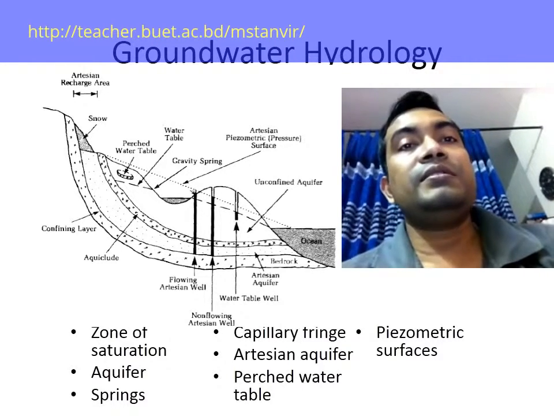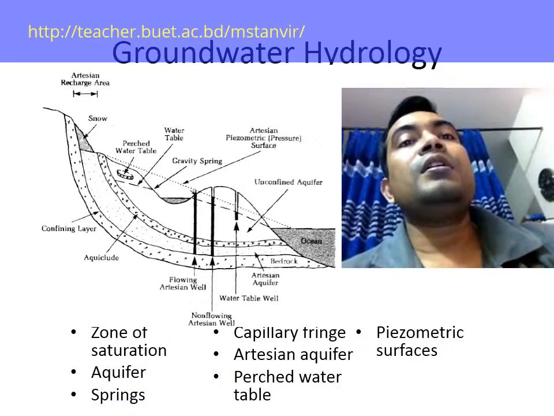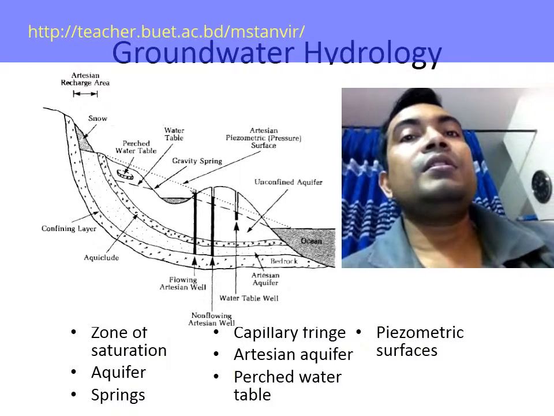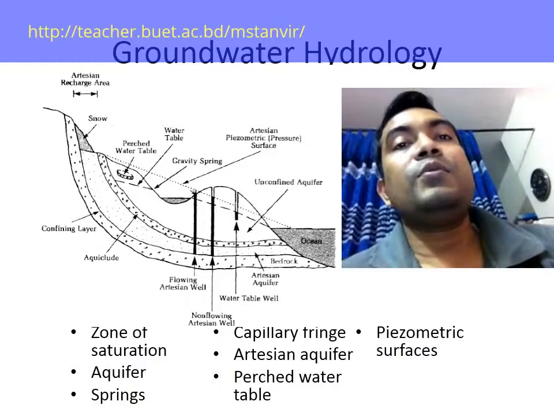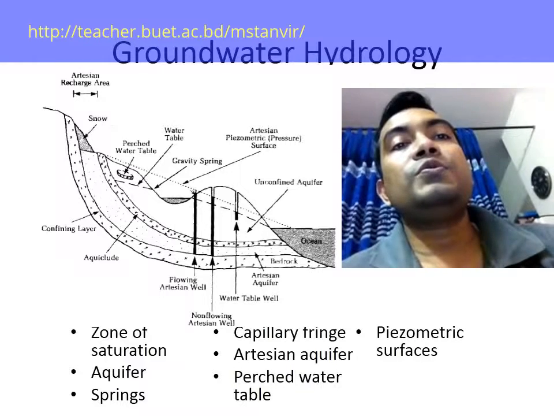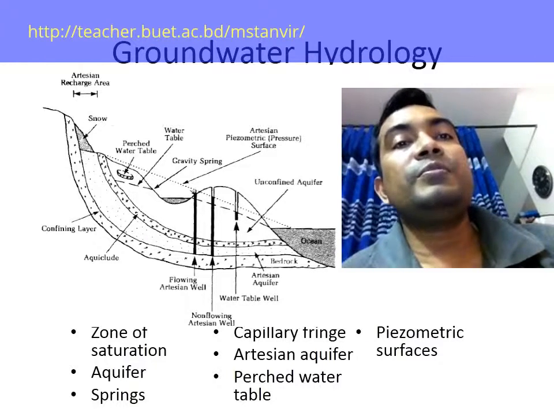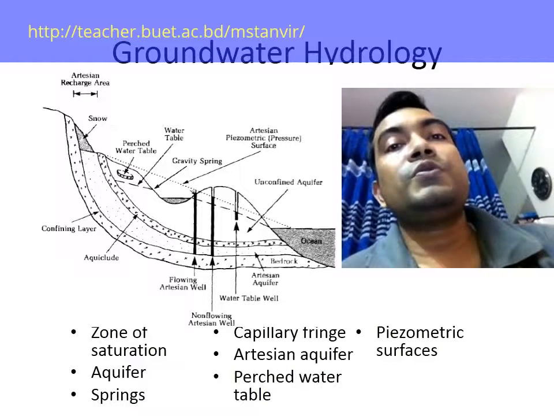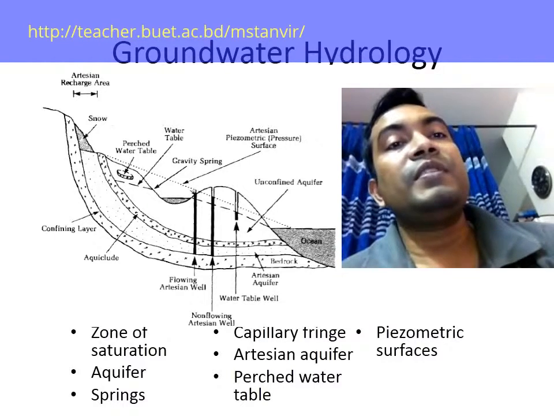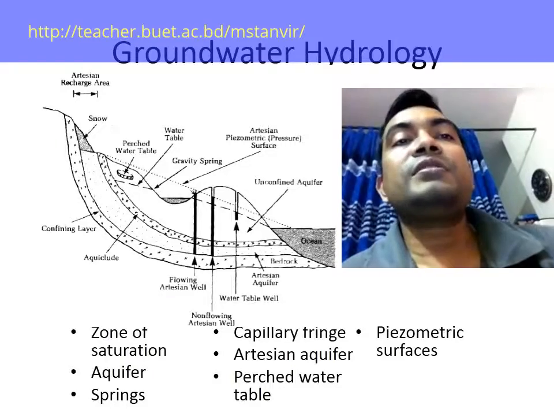If we place a small tube, a piezometer, into the artesian aquifer along its length, the water pressure will cause water to rise to a place of equilibrium. An imaginary plane drawn through the points of equilibrium is called the piezometric surface.